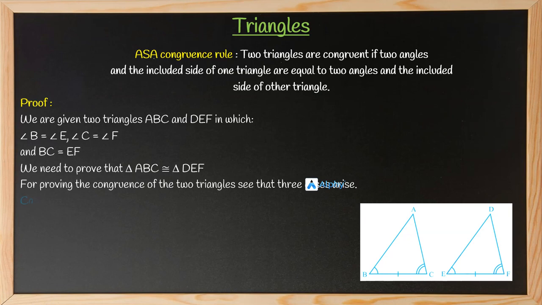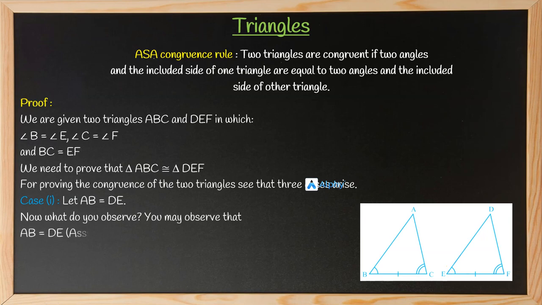So, the first case is, let AB be equal to DE. So, we are assuming that side AB of triangle ABC is equal to side DE of triangle DEF. Now, what do you observe? AB is equal to DE because we have assumed this. Angle B is equal to angle E, which is already given to us.